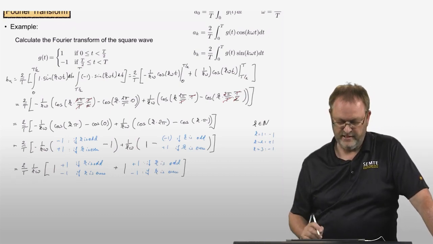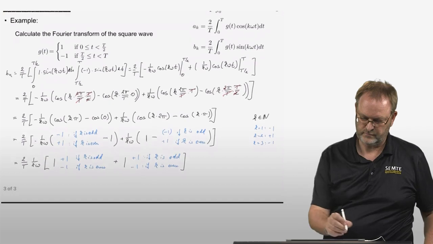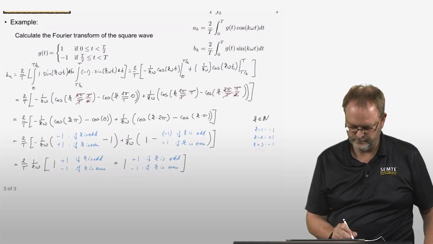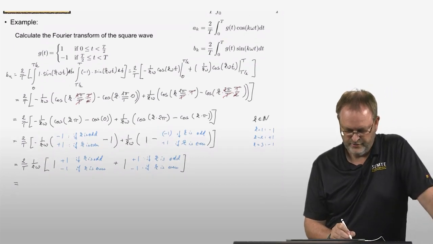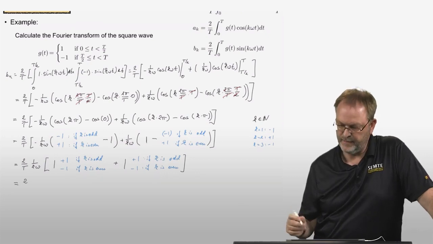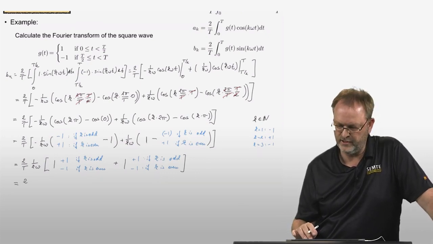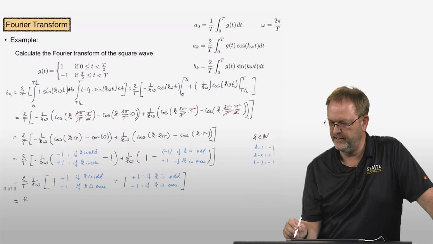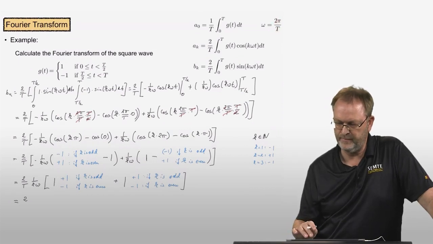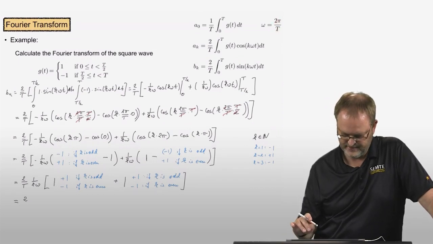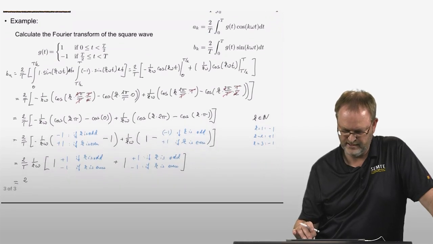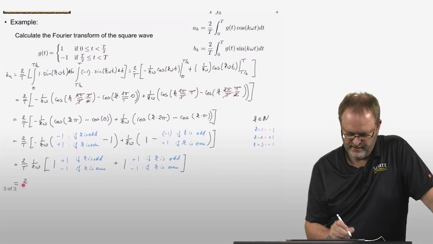Okay, almost there. So that's equal to 2 divided by t. T was, let me just go up here again, 2 pi divided by t. Okay, so how am I going to do this? Well, let me leave the t here and instead substitute this for the omega like I did before.